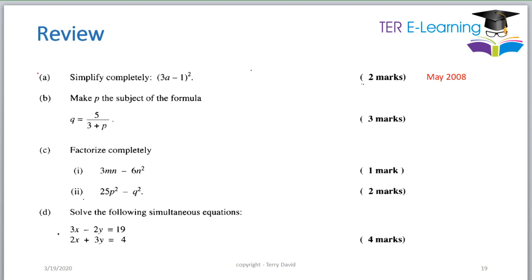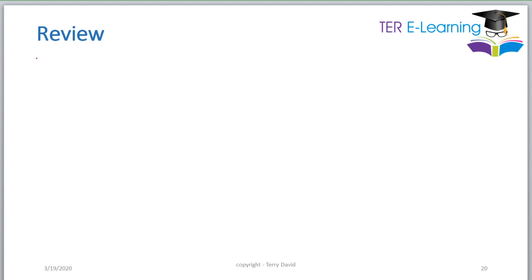So the first part, they want us to simplify completely 3a minus 1 squared, right? We just did a question very similar to this, right? So it's 3a minus 1 squared, right? How we do that? This will be 3a minus 1 multiplied by 3a minus 1, right?